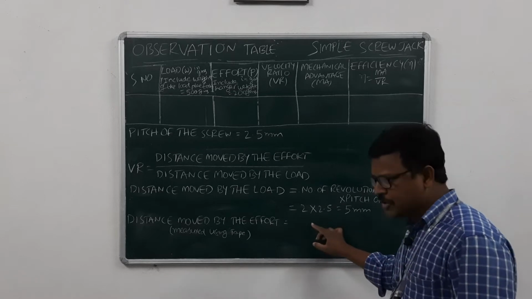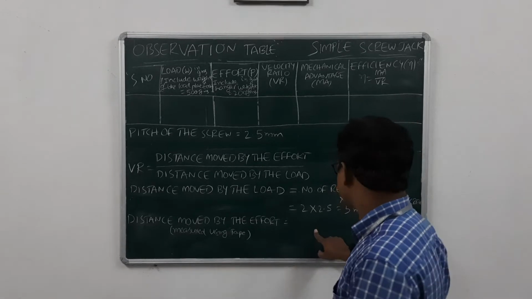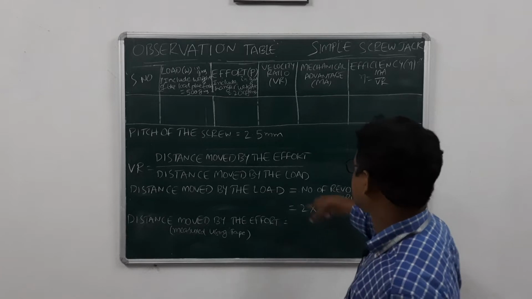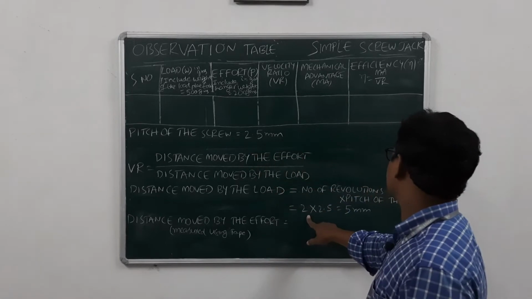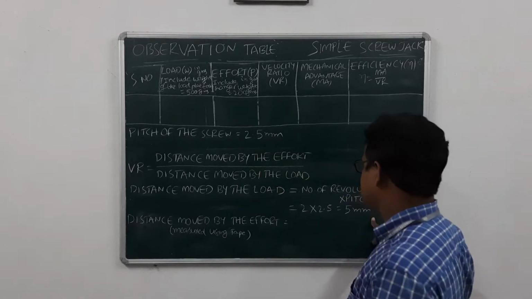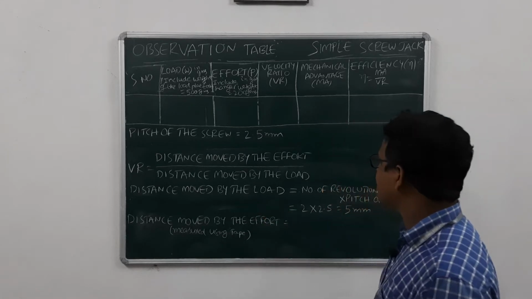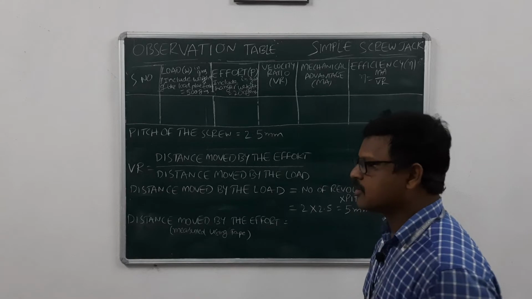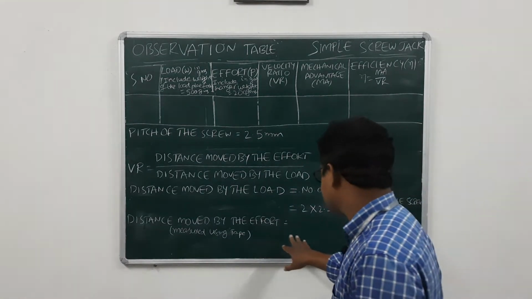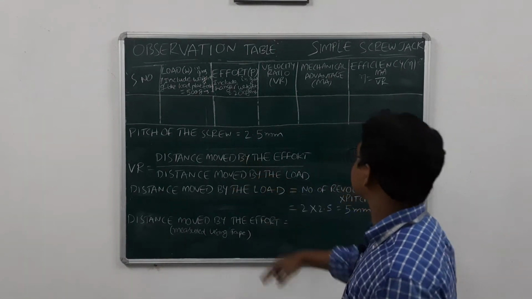Here I am considering 2 revolutions, and the pitch of the screw is 2.5 mm. So 2 into 2.5 is 5 mm. I know the distance moved by the load, but I don't know the distance moved by the effort. In the next part I am explaining how to calculate it, and then I get the velocity ratio value.